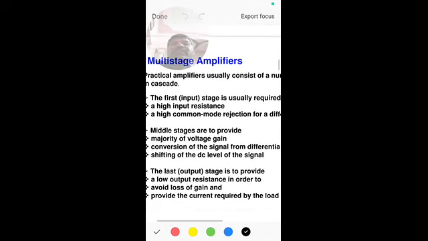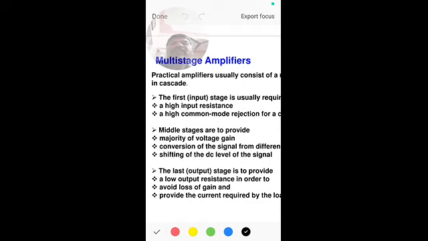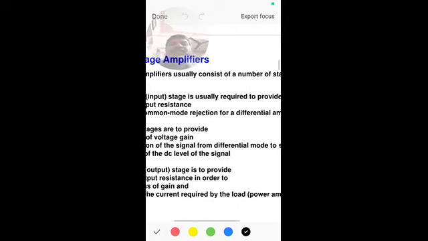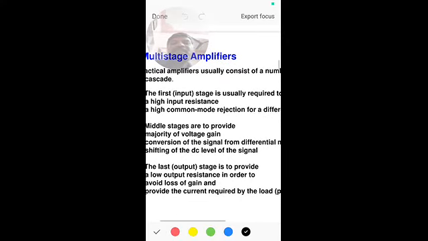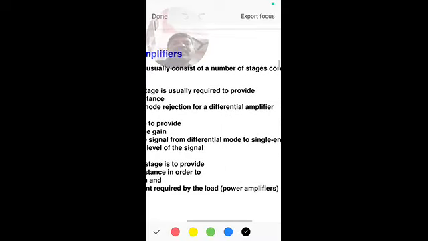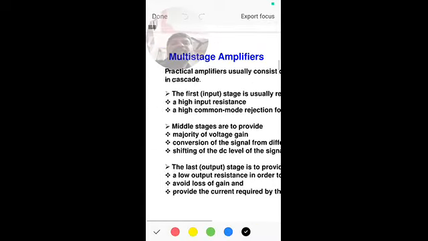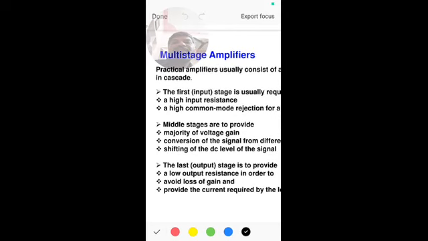In the middle stages we are going to have voltage gain. The majority of voltage gain and current gain is possible with the middle stages, as well as conversion of the signal from differential mode to single-ended mode and shifting of the DC level of the signal.